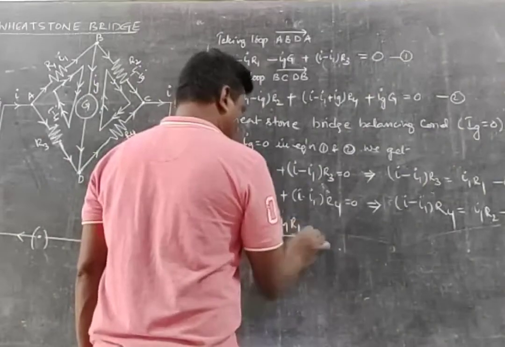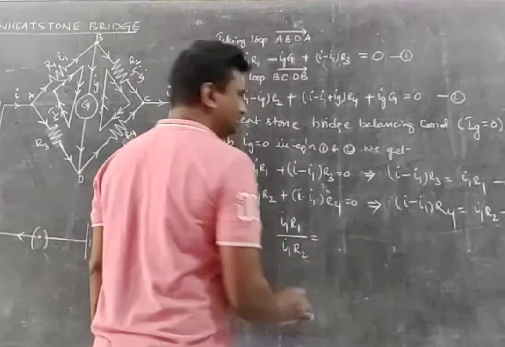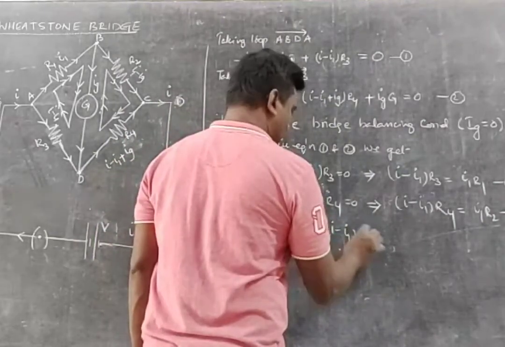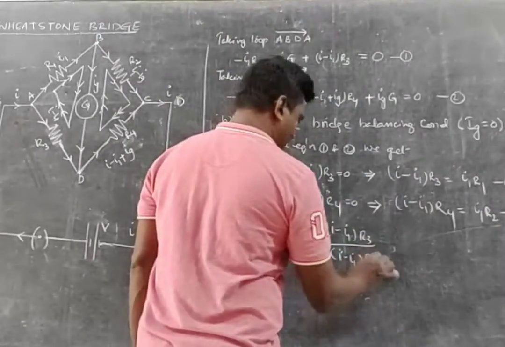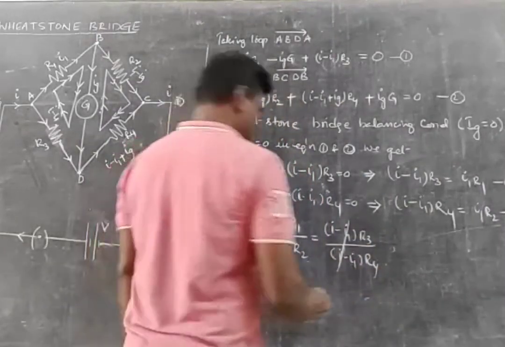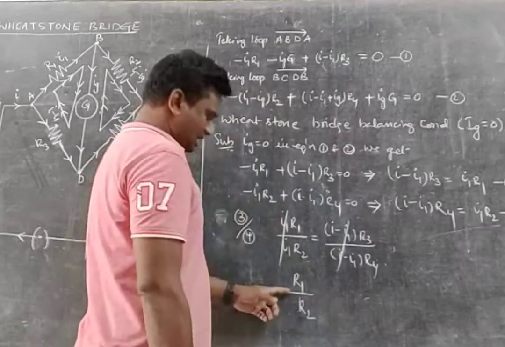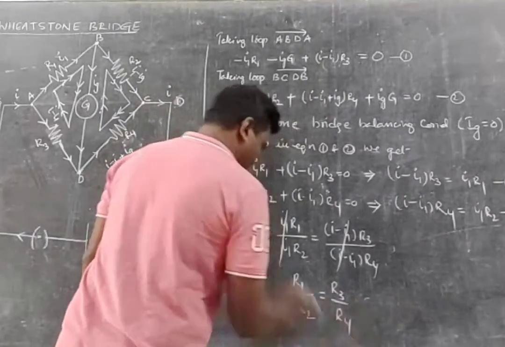I1 R1 by I1 R2 is equal to (I minus I1) R3 by (I minus I1) R4. So I got the condition R1 by R2 is equal to R3 by R4.